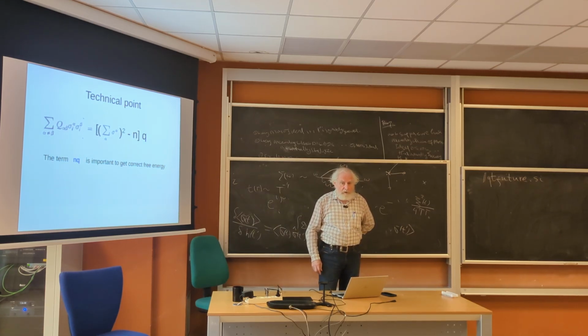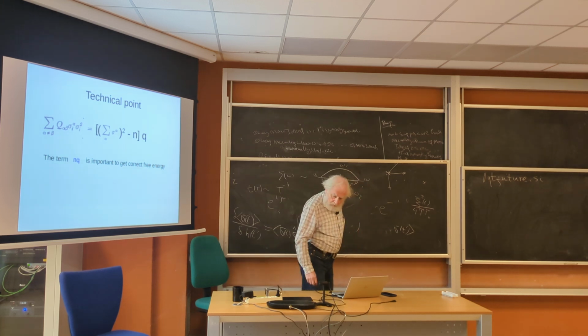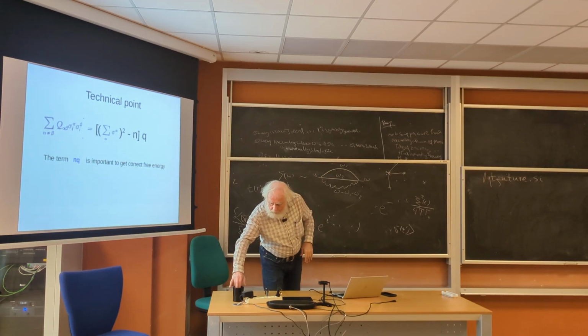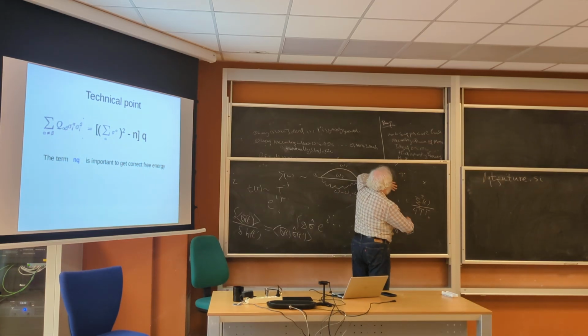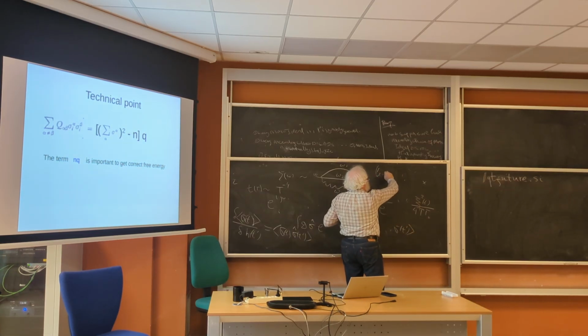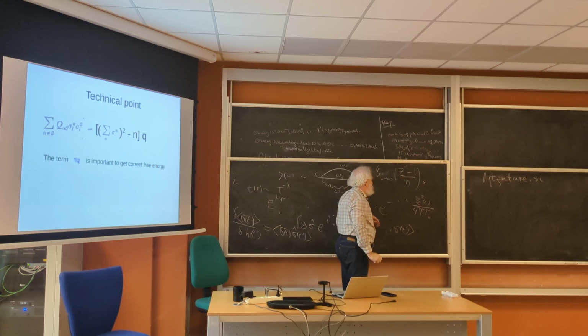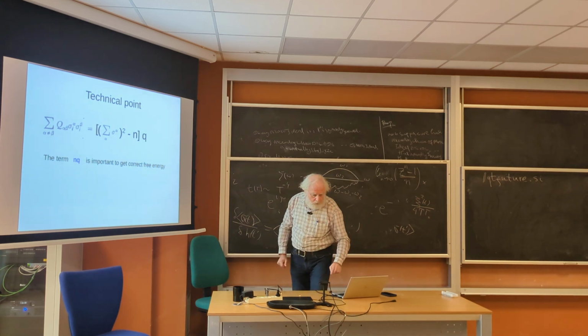But we need to keep it on intermediate steps, because what we need to calculate is the limit of n to 0 of Z to the power n minus 1, divided by n. So in some expressions, this becomes important. Good.